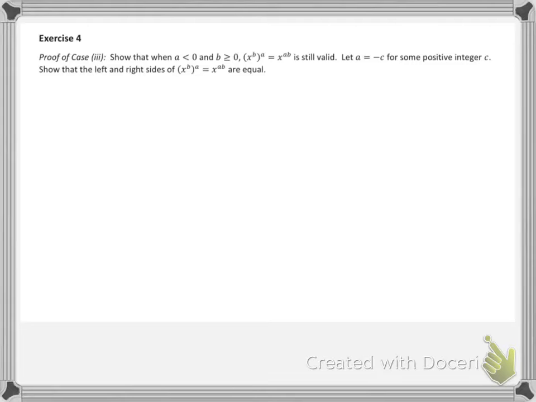We have to prove that x raised to the b to the a power is equal to x to the a times b power. And in order to do that, we're going to look at when a equals -c. So this is the difference. We're going to change that exponent of a from a positive exponent to a negative exponent.